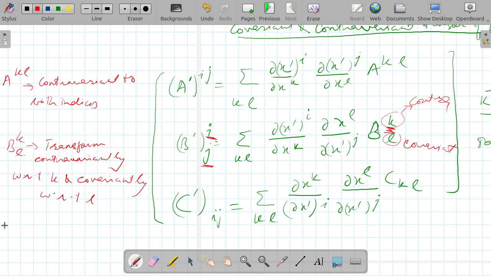And similarly, Ckl is covariant with respect to both indices k and l.